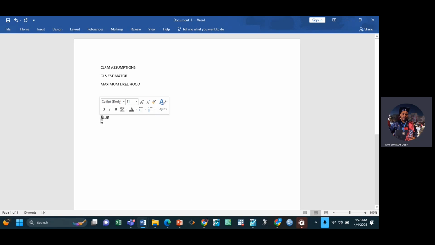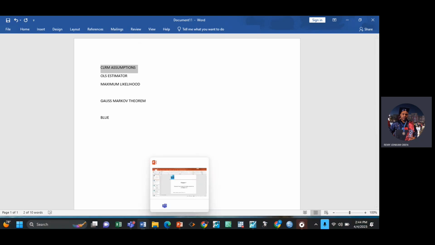By best, we mean in the class of all linear unbiased estimators, it has the minimum variance. So there is a class of all estimators which are linear and unbiased, and the ordinary least squares estimator will have the minimum variance if these assumptions are satisfied. We are going to see some of these assumptions, not all, but some.